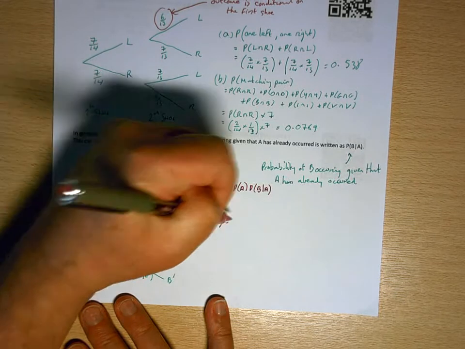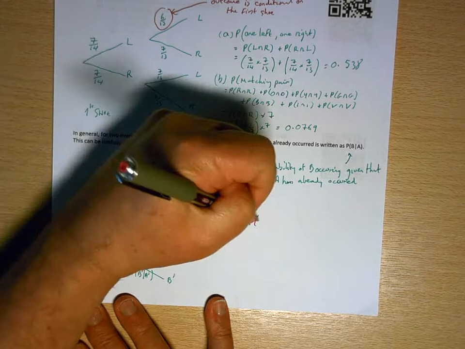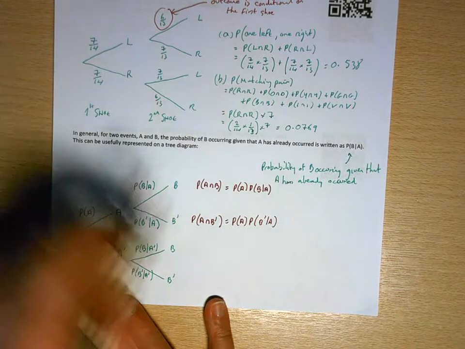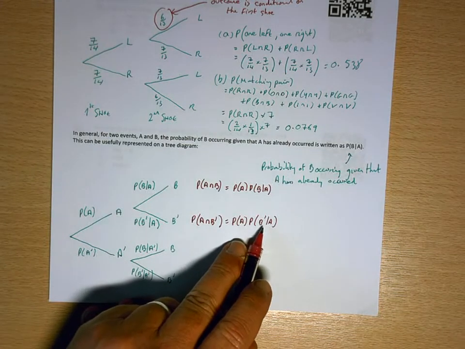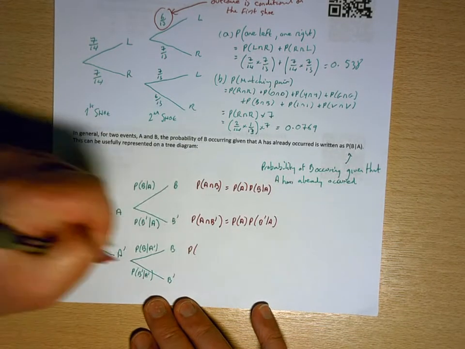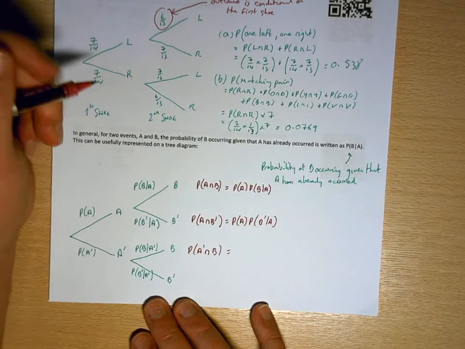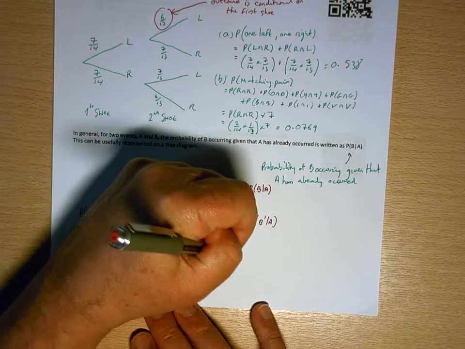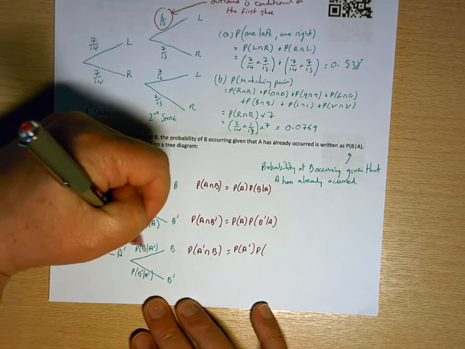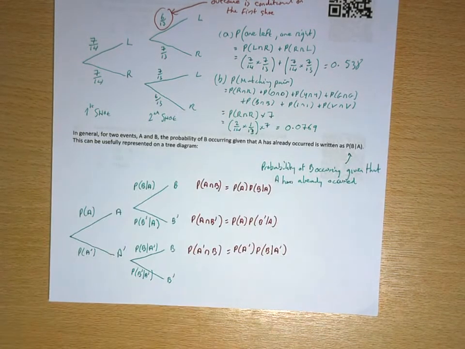This one would be the probability of A and not B, which would be the probability of A multiplied by the probability of not B given A. And I've just put a little slant to that. It's not a fraction, that should be vertical, that's me being bad. This one, probability of not A and B, will be the probability of not A multiplied by the probability of B given not A has already occurred.